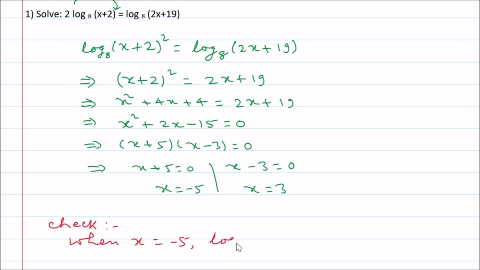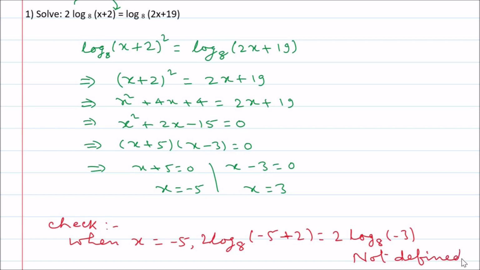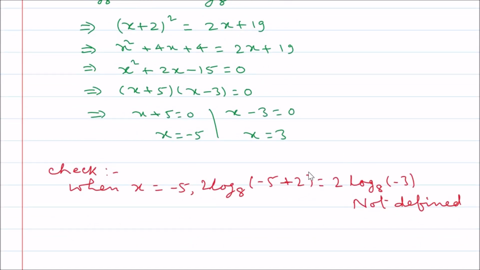We will get 2 log base 8 of (minus 5 plus 2), that is 2 log 8 of minus 3. Now see, the parameter in the bracket for the log is a negative value, so this is not defined. What does it mean? The solution is only x equals 3.